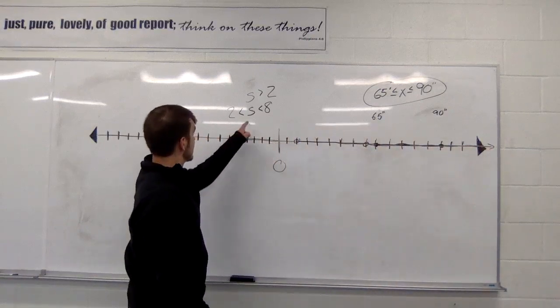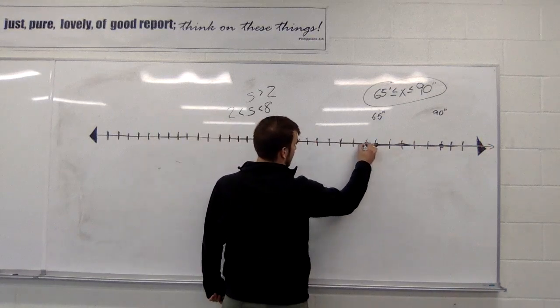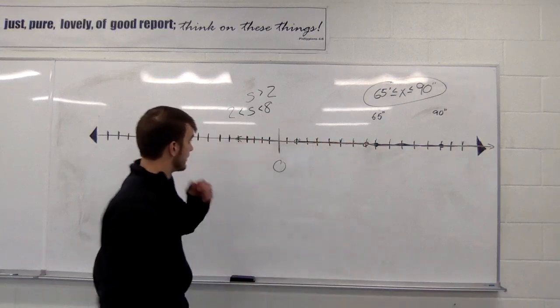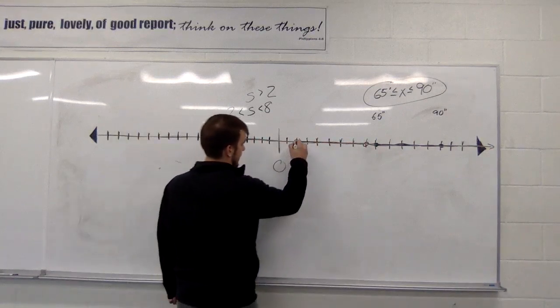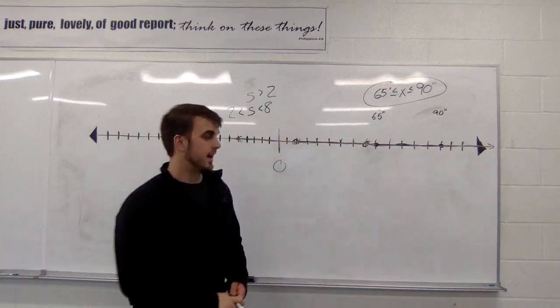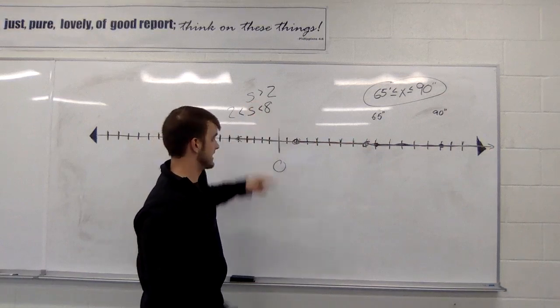And it's less than 8. So right here's 8, and the line's going to go that way on down through. Now, right here's where they intersected. So you have a hollow circle here and a hollow circle here. And what is the side length if it's greater than 2 but less than 8?